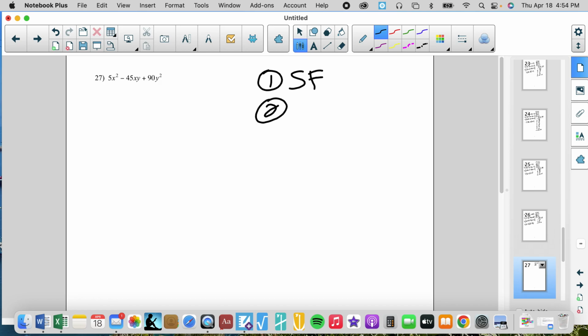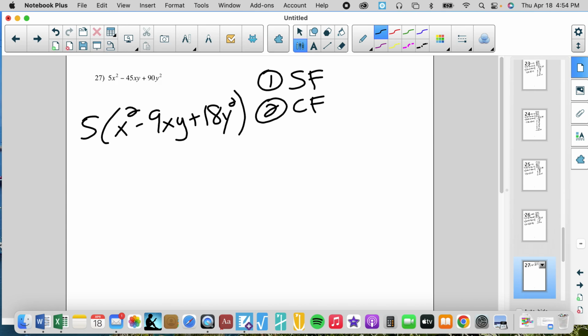Standard form, yes. Common factor, yes. There's a 5. You get x squared minus 9xy plus 18y squared. 18 is not a perfect square, but that's correct. So not a special case.